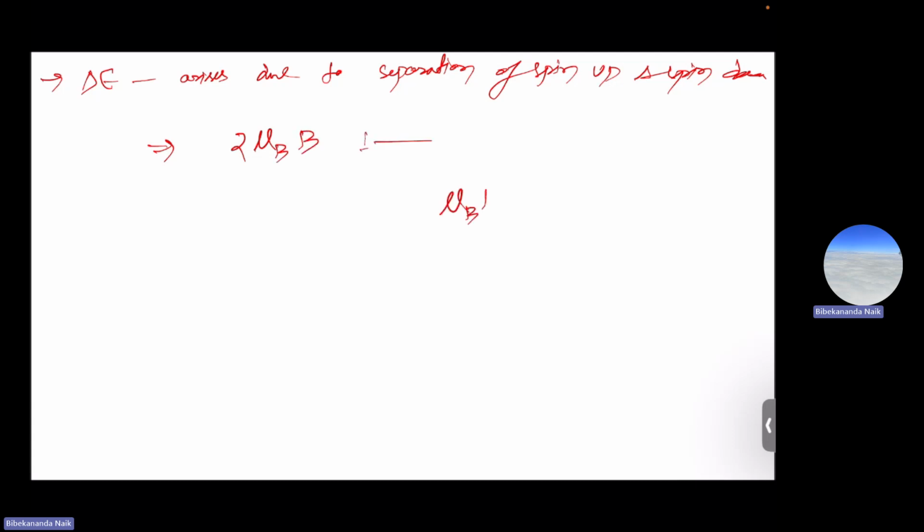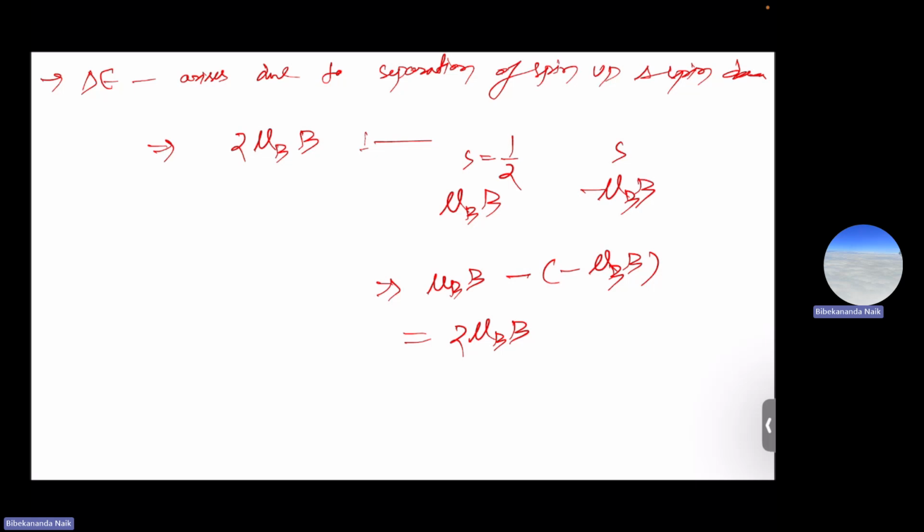One is mu B into B, another is minus mu B into B. So it will be mu B B minus of minus mu B B, that is 2 mu B B, because we know for one case it is spin half, spin minus half, or it is spin minus half, spin half. So the energy is this. So this is the energy difference due to consideration of the electron spin.